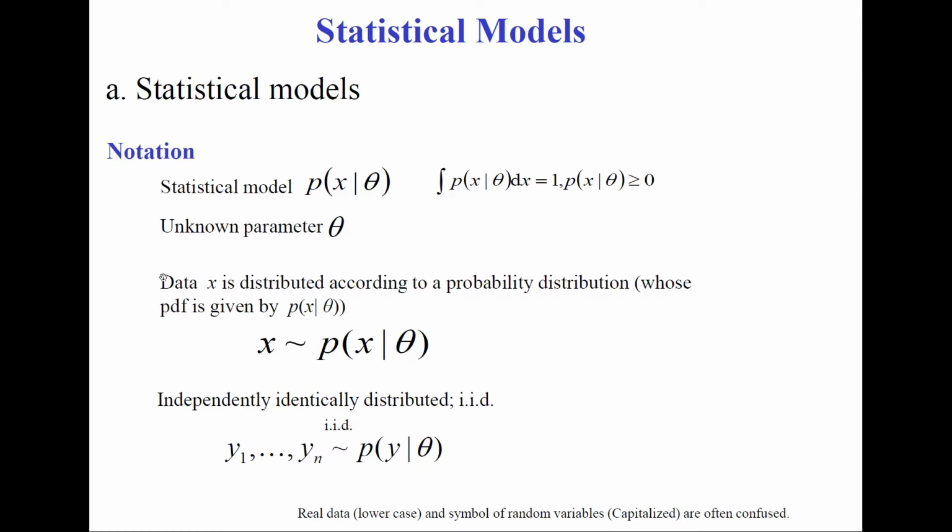And we often write x tilde P of x given theta. It implies the observation x is distributed according to a probability distribution P of x given theta. Here we often confuse probability distribution with its probability density.